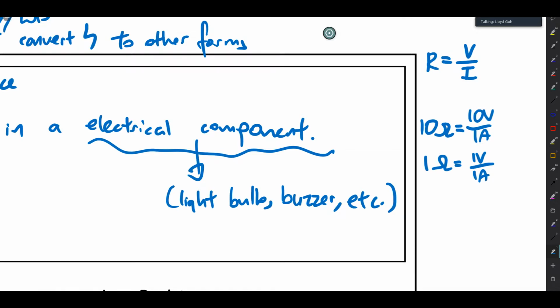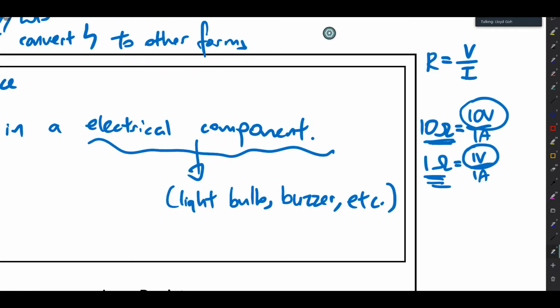What this means, if we keep current constant, is that for a 10 ohm electrical component, let's say a 10 ohm light bulb, it actually needs 10 volt to operate, and for 1 ohm, it actually needs 1 volt to operate.